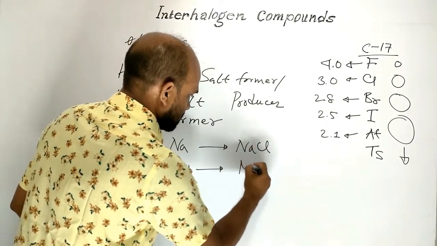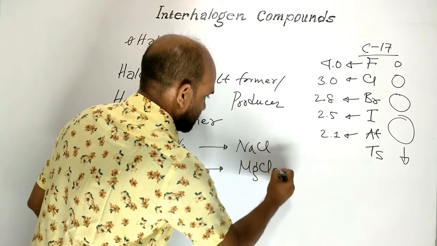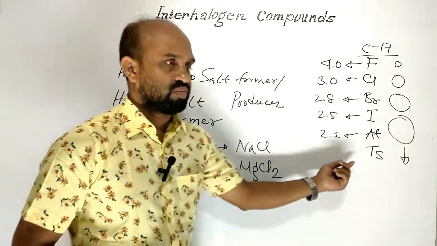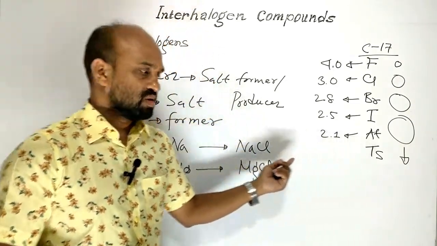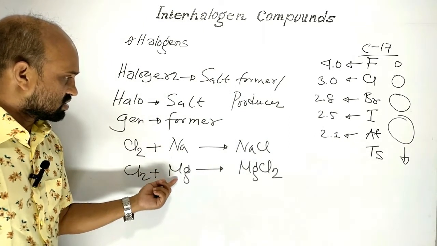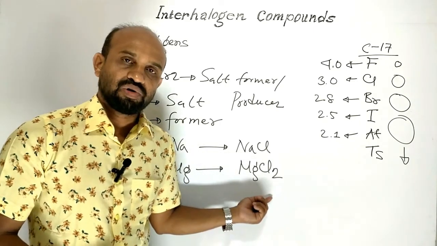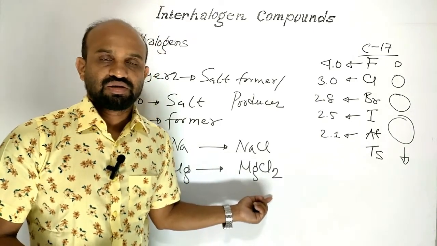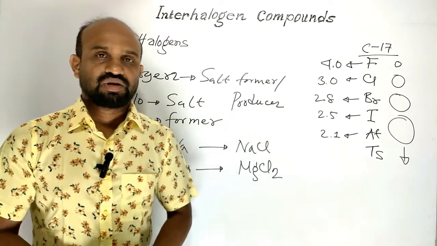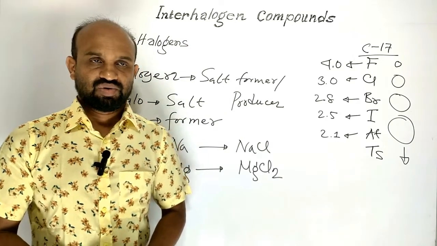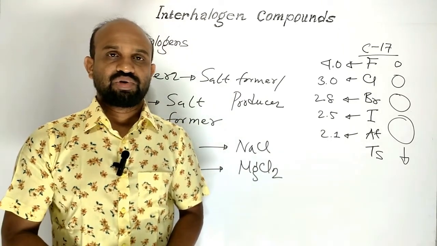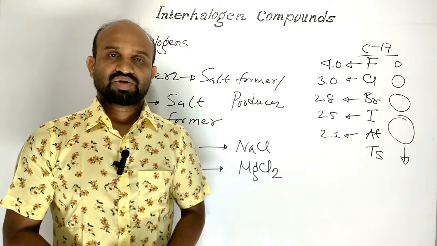Sodium chloride, here magnesium chloride, as the elements that belong to column 17 reacting with alkali metals or alkaline earth metals form salts. That is why these elements are called salt producers. In Greek word halogens. So these elements that belong to column 17 in the periodic table are called halogens, salt producers.